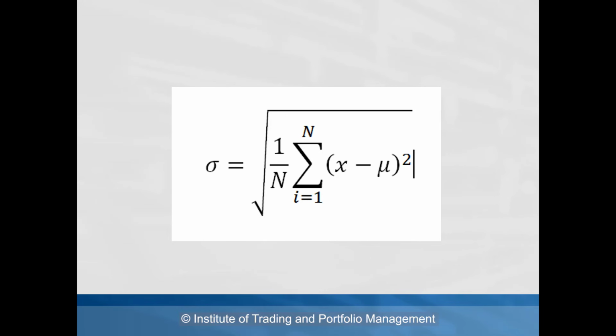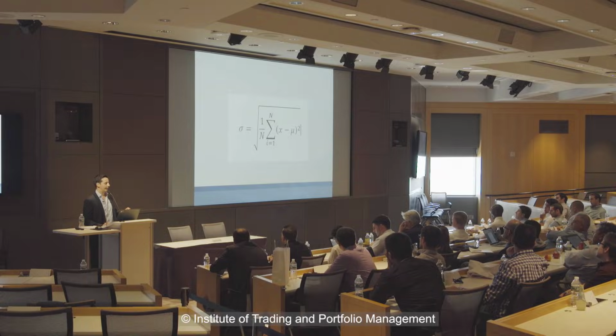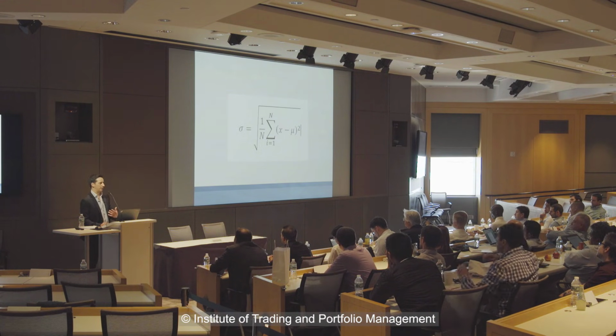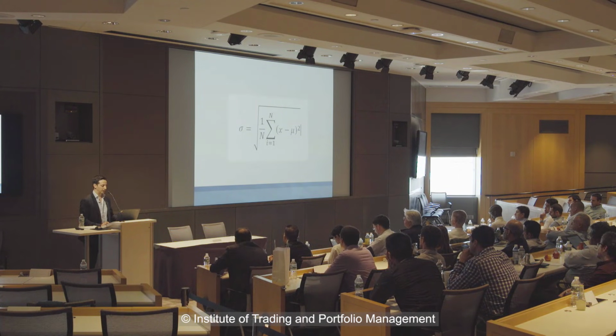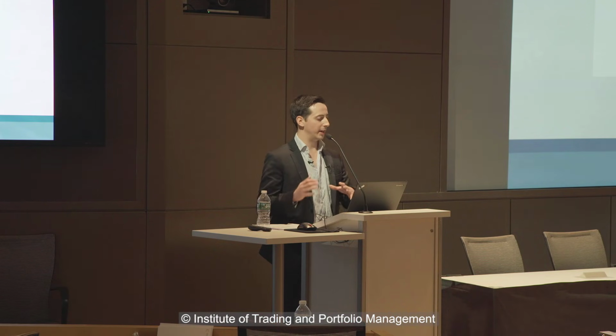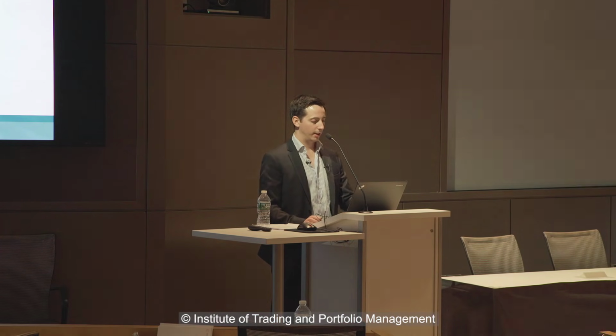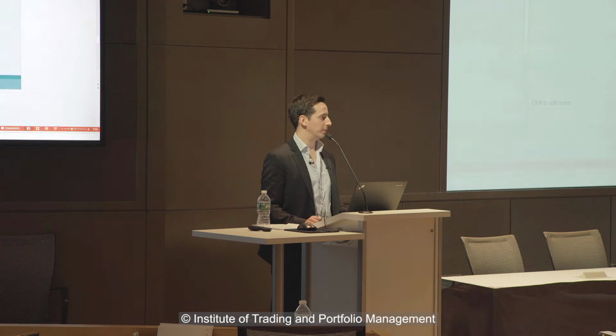But what I do think is useful is to understand how that calculation works, because it will put your mind at ease when you use standard deviation as a measure of volatility, so you'll feel more comfortable doing so. So I'm going to move over to Excel now to do the next half of the presentation, and we can go through some examples.